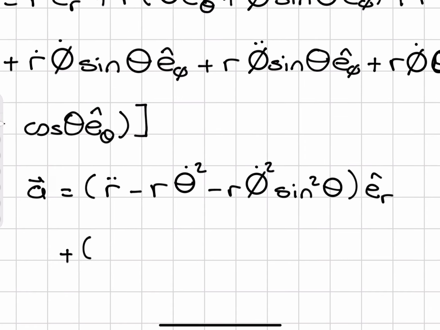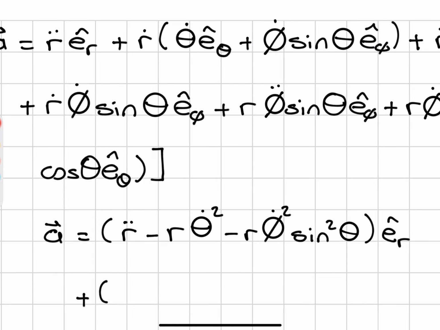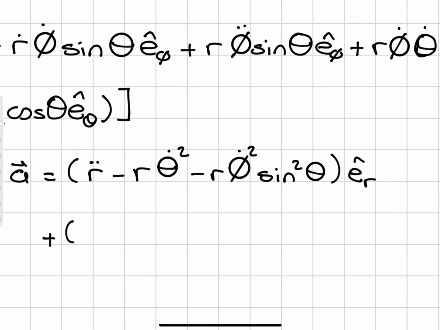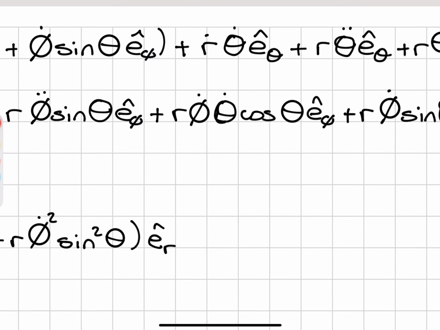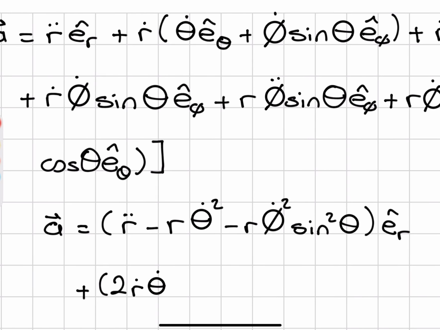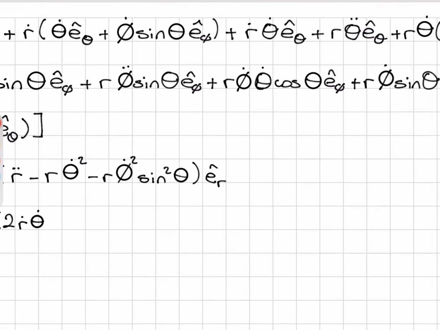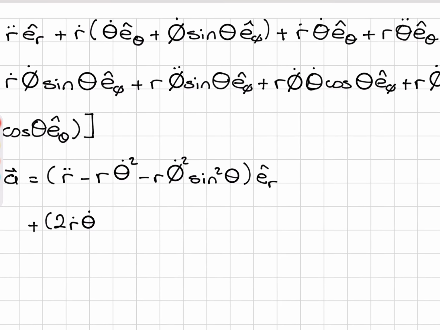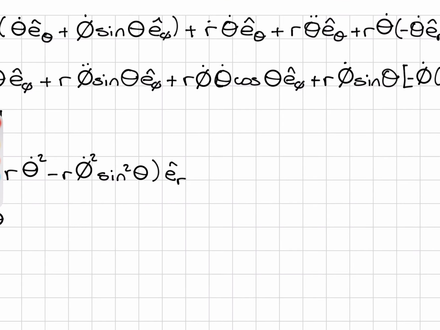Let's look at e theta hat terms. We have r dot theta dot e theta hat here, r dot theta dot e theta hat here, so twice, 2 r dot theta dot. And then we have another e theta hat term: r theta double dot.